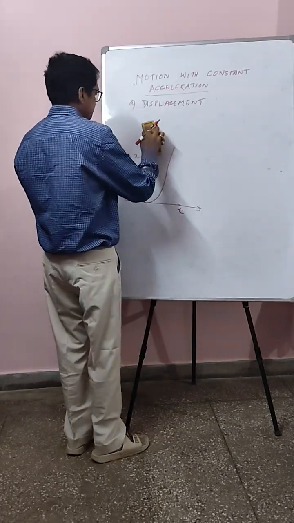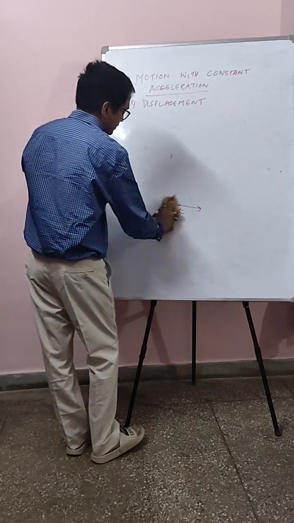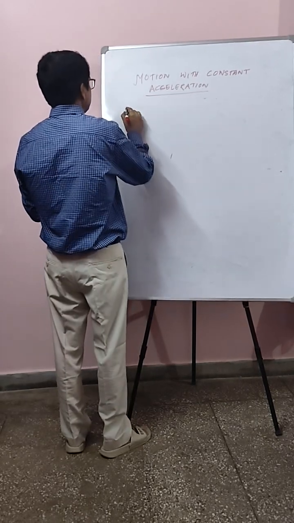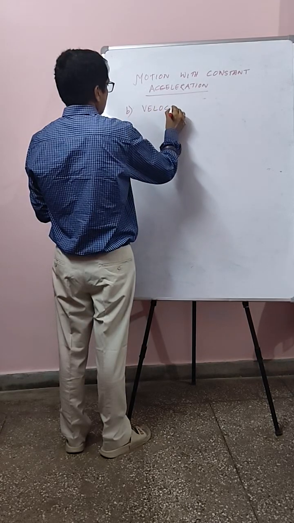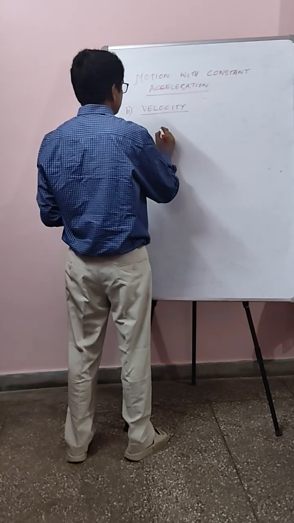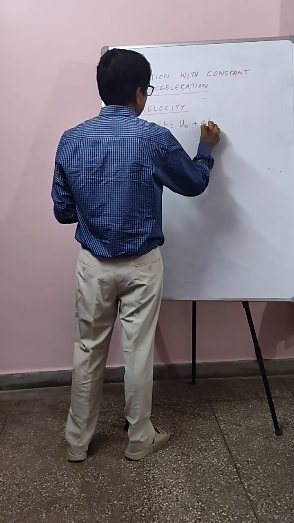Now the second case is velocity. What is the velocity-time graph? Acceleration is constant, so we use the equation v equals u0 plus at.